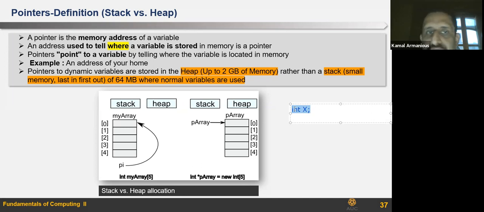And you don't have to allocate it in the stack. What does this mean? If you have a variable int x, it automatically gets allocated inside the stack. The stack is a small memory, 64K, and if you have a big application the stack can overflow. The heap is a large memory, 2 gigabytes or even more than 2 gigabytes, depending on the resources of the laptop. This is one fundamental difference.